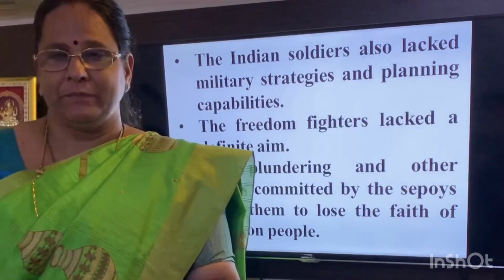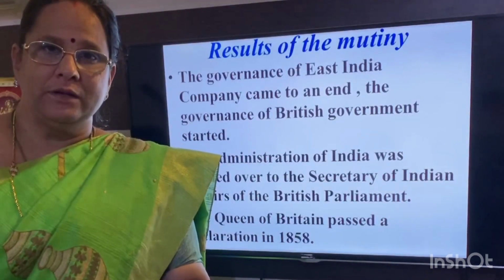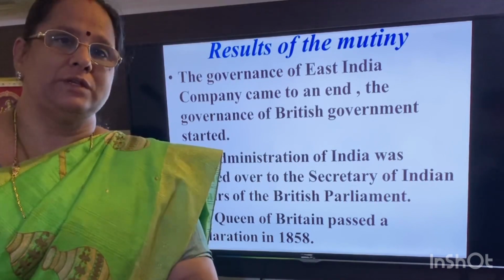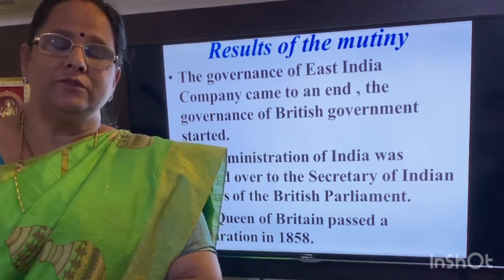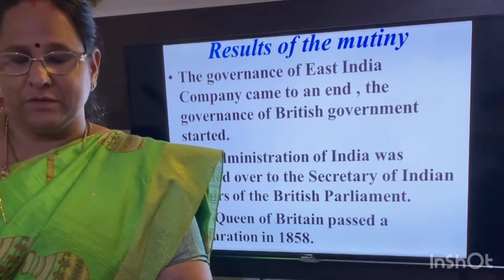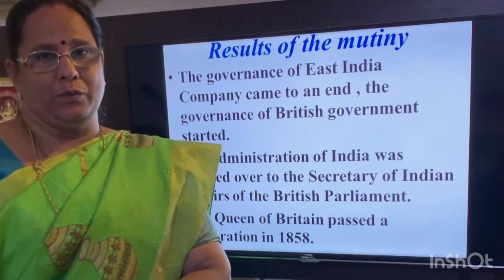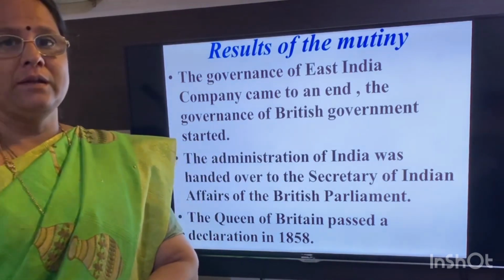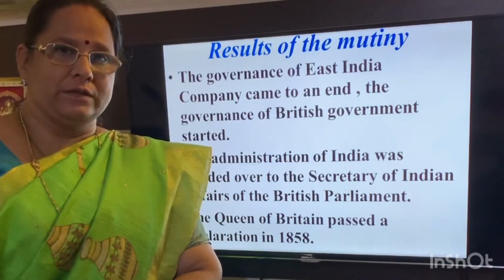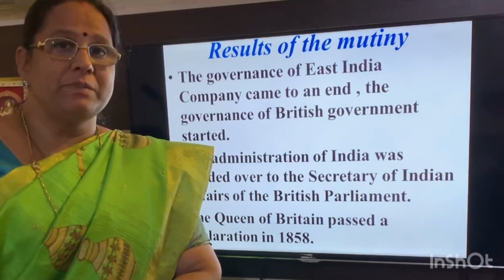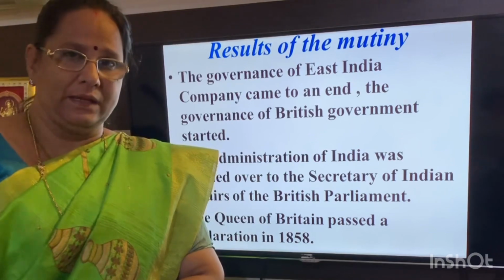Next slide. Next we will learn about the result of the mutiny. In the result of the mutiny, the first thing you have to remember is that till the revolt, India was ruled by the British East India Company.